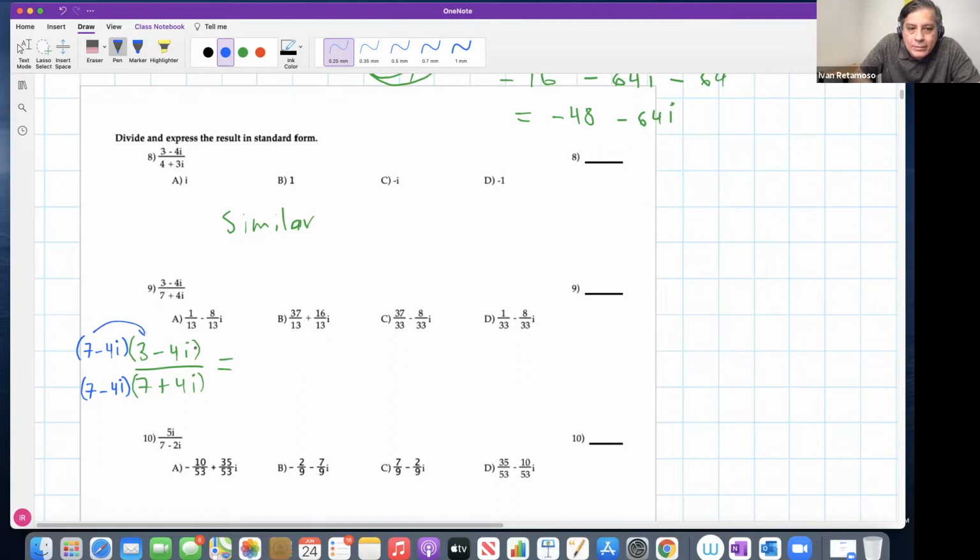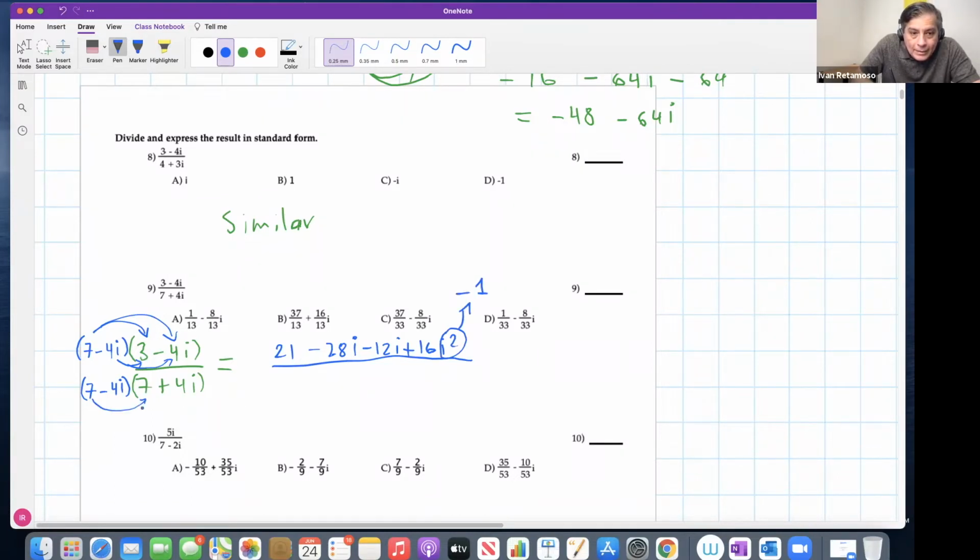So start here on the numerator, you're gonna get 21. 7 times 4 minus 28i, right? Here, minus 12i, minus 4 plus 16i squared, right? I squared. And don't forget that this i squared is simply the number negative 1, right? Great.